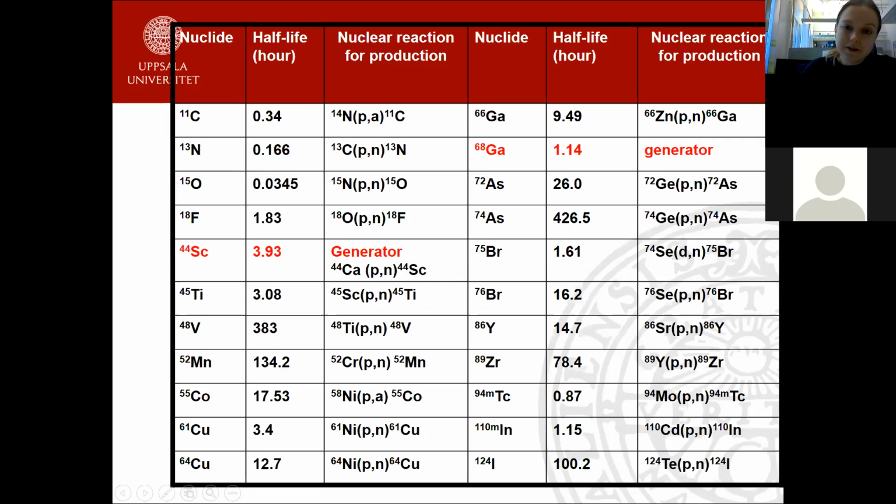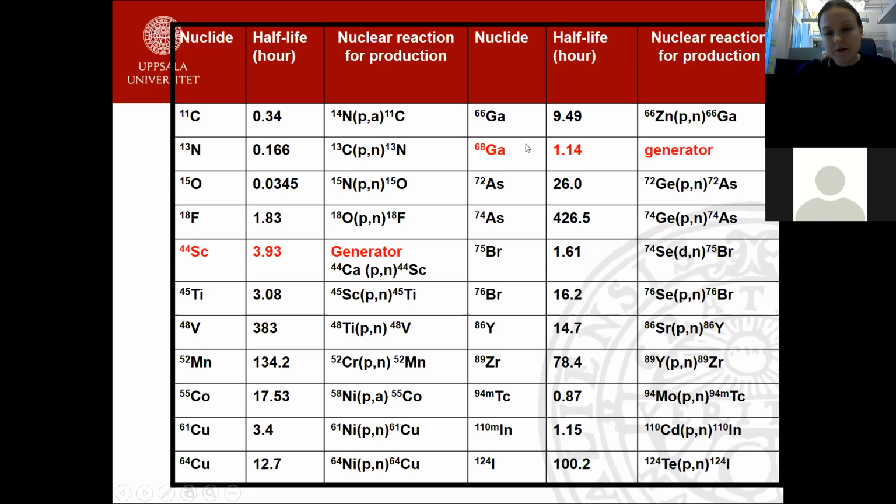Currently, the nuclides in black on this slide are all produced by the cyclotron, and only two nuclides, scandium-44 and gallium-68, can be produced by a generator. And as I mentioned before, a generator allows us to produce the radionuclide at the hospital site. It's a very small portable device, and it can be bought. For example, a gallium generator can be bought and can produce gallium for 1 year.